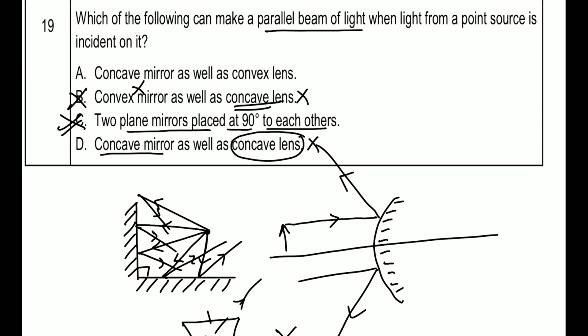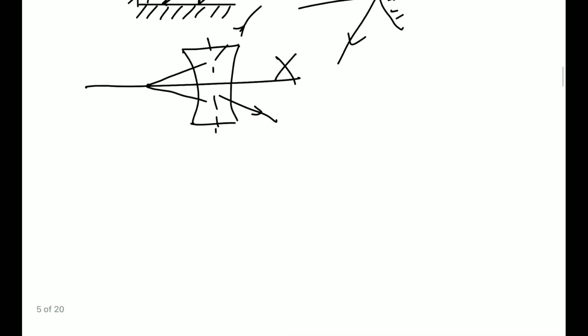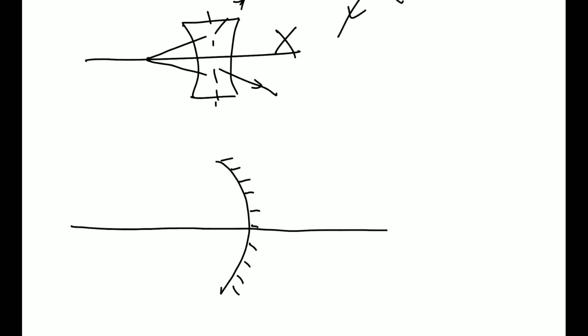Let's talk about concave mirror. You have option A, in which you have concave mirror as well as convex lens. Let's talk about the concave mirror first. This is my concave mirror and this is the principal axis. Let's say this is my focus and this is my center of curvature.